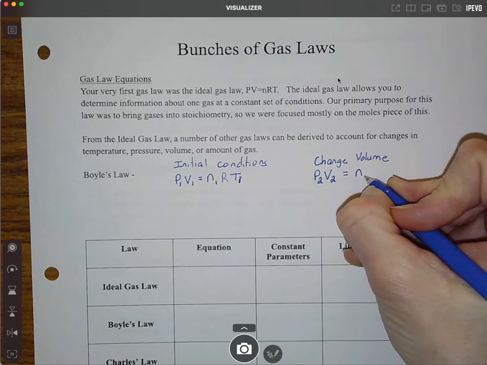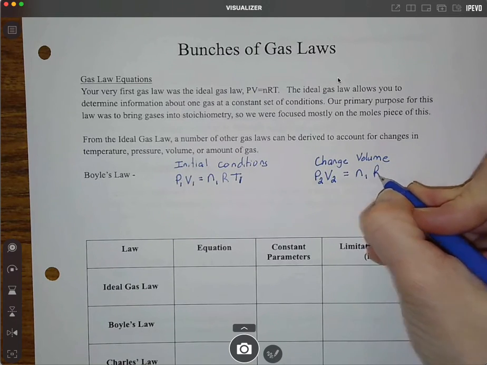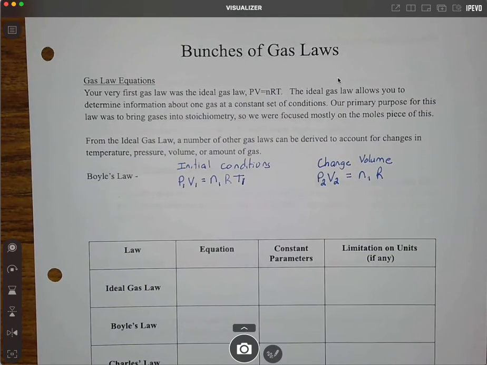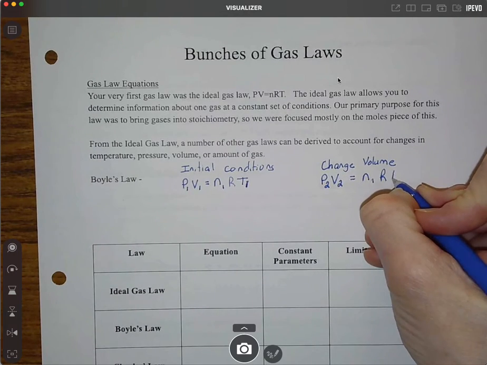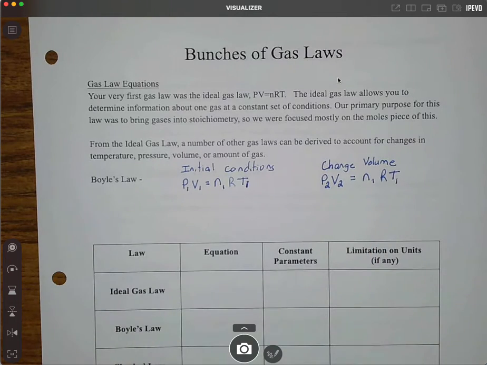So the number of moles of gas is still the same as what it was in the beginning. The ideal gas constant is still the same because it's a constant, and that's what it means to be a constant. And you didn't heat the syringe up or cool it down, so the temperature is still the same.